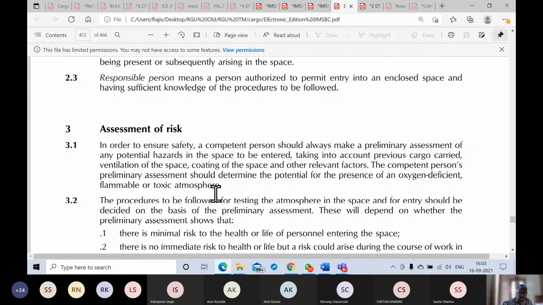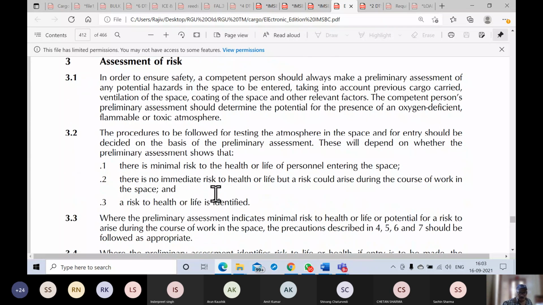So these are the procedures to be followed for testing. Minimum risk to health, intermediate risk to health, and risk to health or life identified for testing the atmosphere.